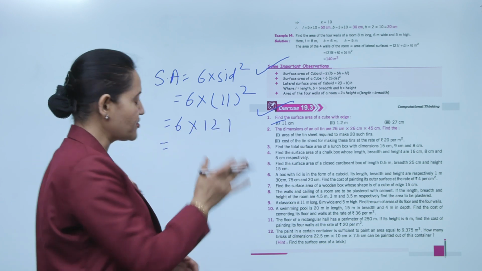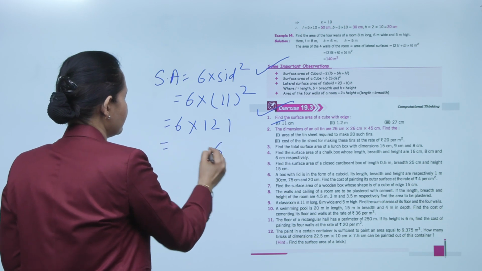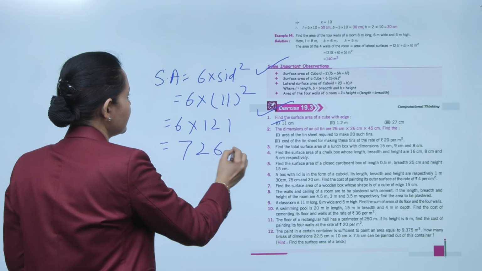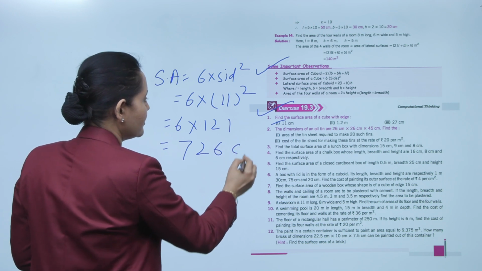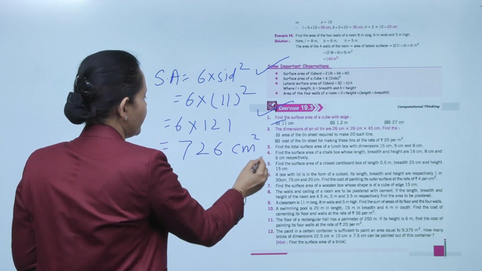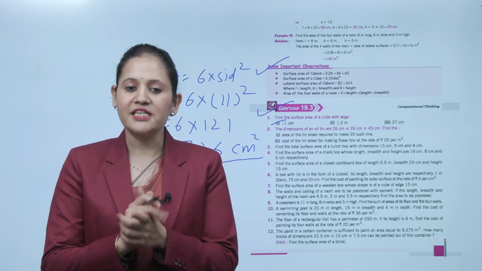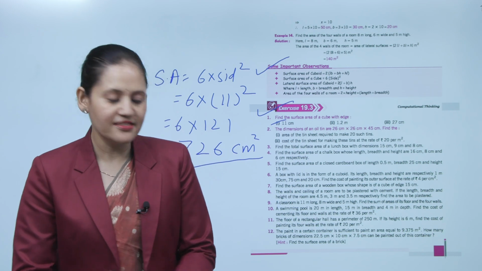So 11 square is 121, and the answer is 726 centimeter square. That is the surface area of the given cube. So practice all the questions of this exercise.